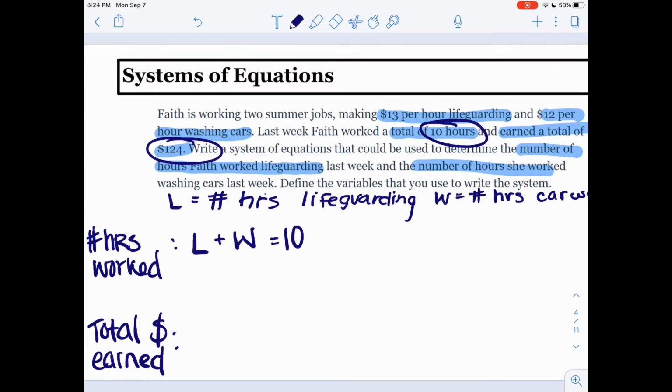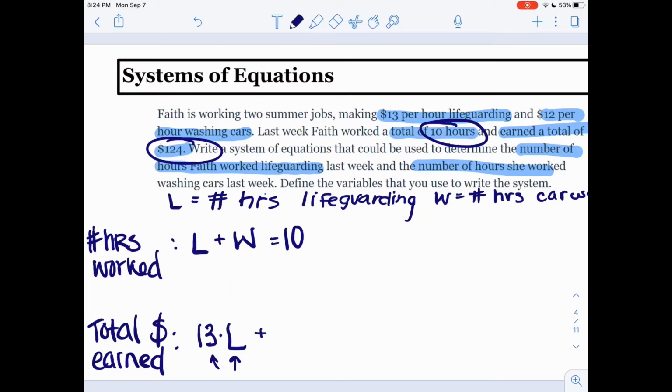Now for total money earned, we know that she worked a certain number of hours lifeguarding. We don't know how many hours yet, so we're going to represent that with L. We know she was paid $13 per hour. So I'm going to multiply the number of hours she worked by 13.